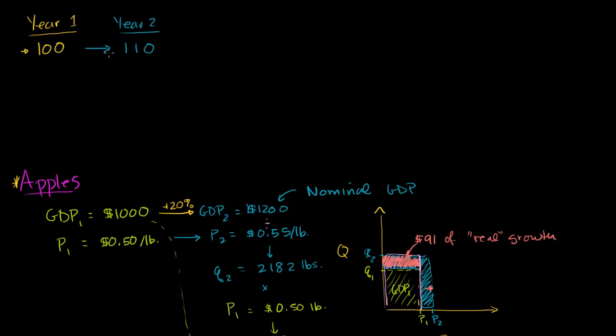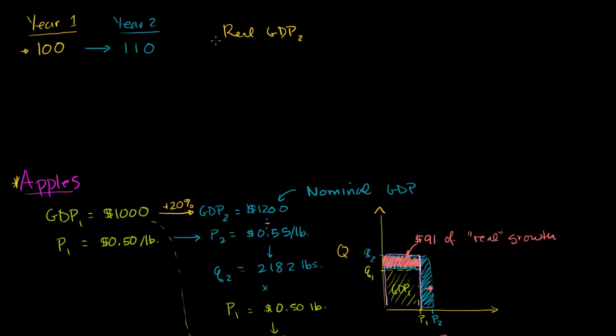Now, if we assume that we know this relationship, and once again, it's not an easy thing to figure out, and it actually turns out there's no perfect way to do this, how can we figure out a relationship between real GDP and nominal GDP? And remember, whenever we talk about real GDP, so we're going to talk about real GDP in year two, you're talking about GDP in terms of the prices in some base year.